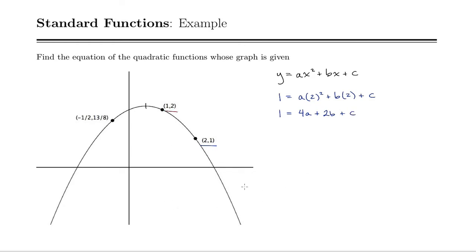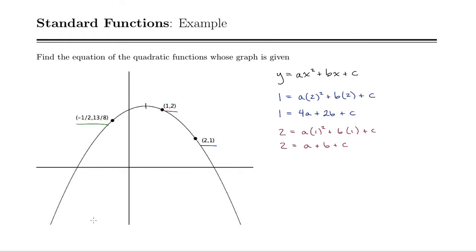And then we've got this point 1, 2. So 2 is equal to a times 1 squared plus b times 1 plus c, or 2 is equal to a plus b plus c.